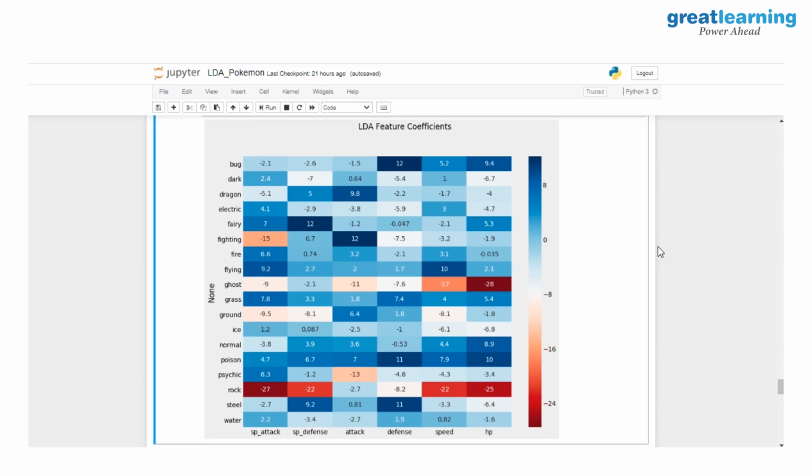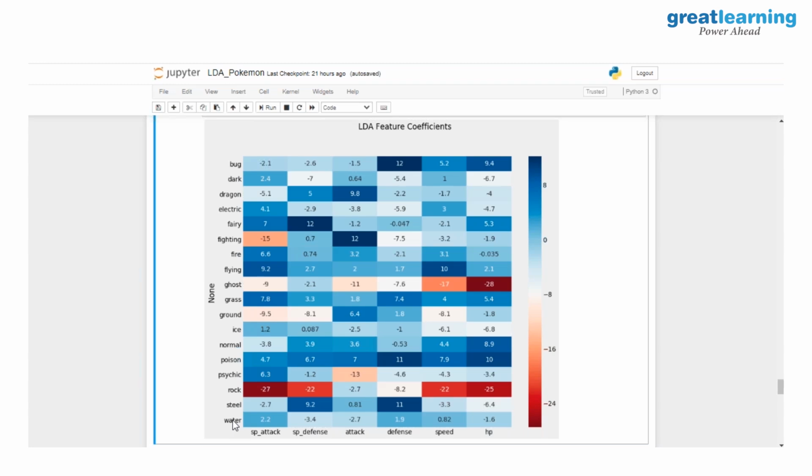And I want you to spend a minute to just look at which of the features that you see at the bottom, which are SP attack, SP defense, attack, defense, speed, HP. These are my vectors. And these are those 18 characteristics against which the Pokemon have been laid out.